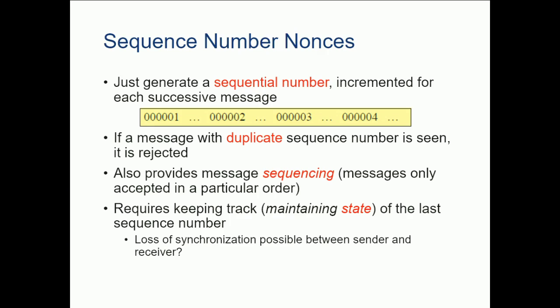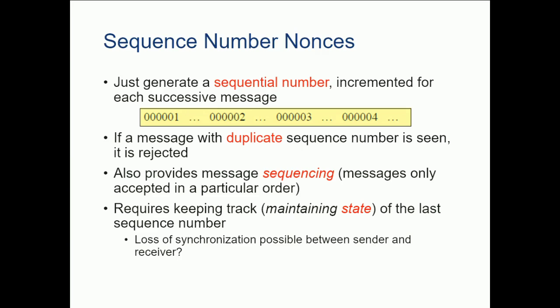It's very easy to use a sequence number as the nonce. We have a counter, and whenever we send out a message, we use the counter value as the sequence number, as the nonce, and then we increase the counter value.